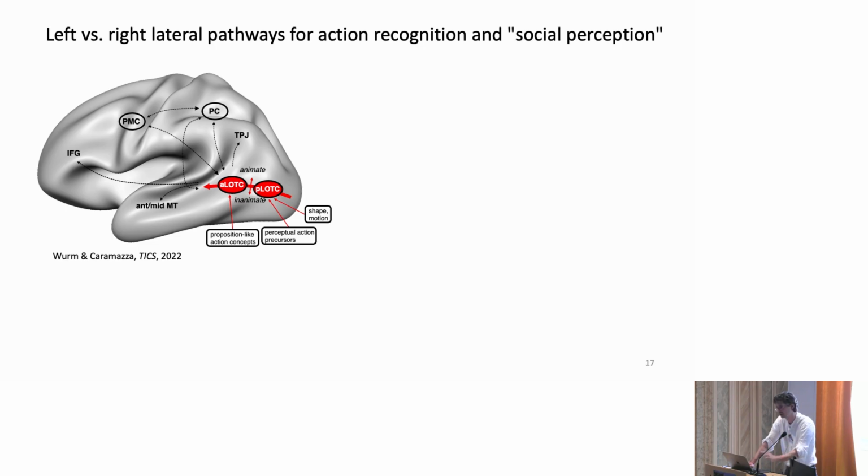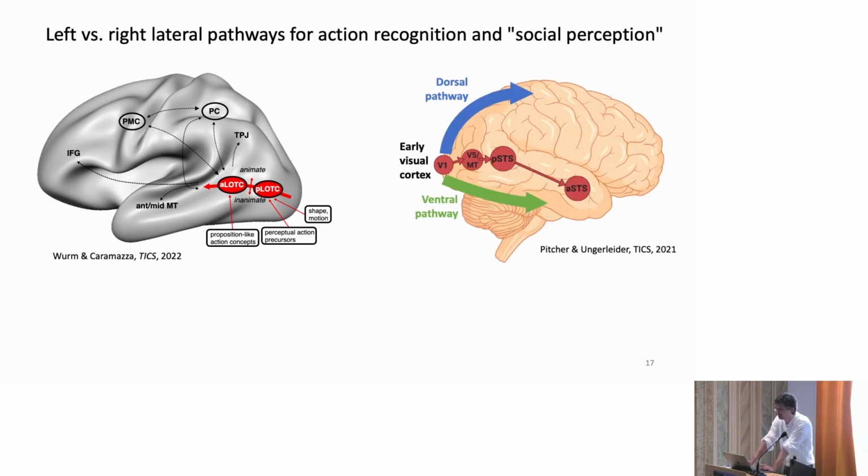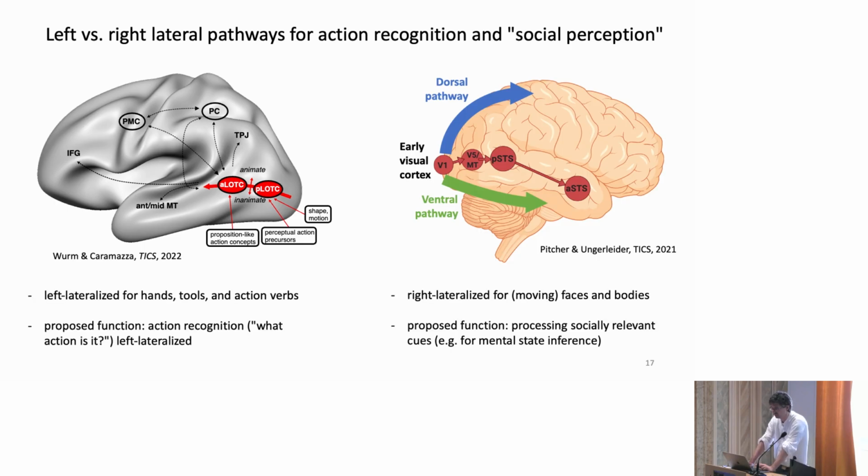Now, this proposal is similar to another account, which has been proposed by Pitcher and Ungerleider, who argue for a right lateralized pathway that is specialized for social perception and in particular for body-related and emotion-related information, such as moving faces and bodies. Now, by contrast, many other action-related representations, for example, of hands and tools, are found only in the left hemisphere.